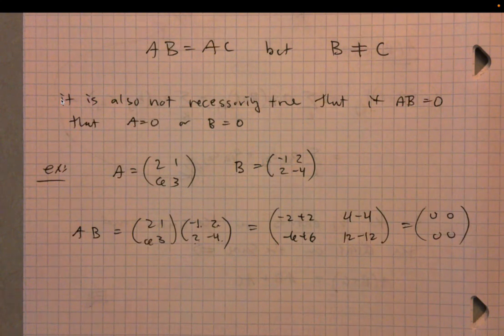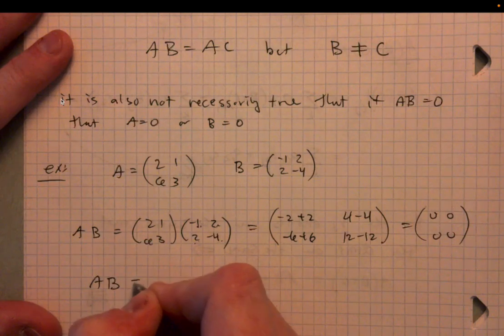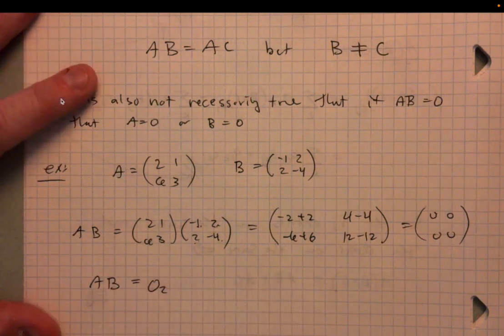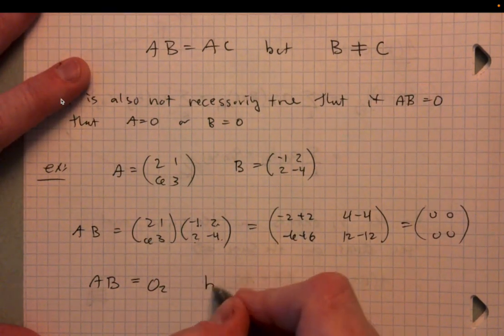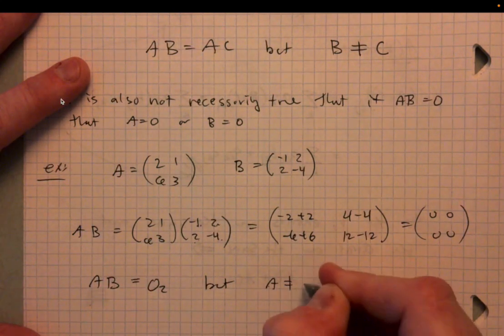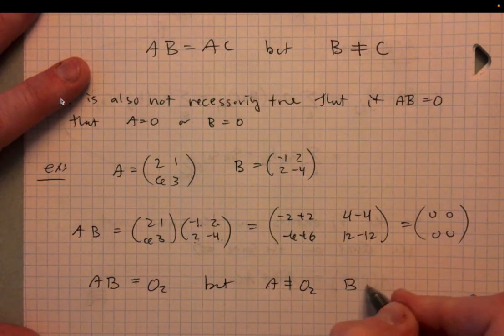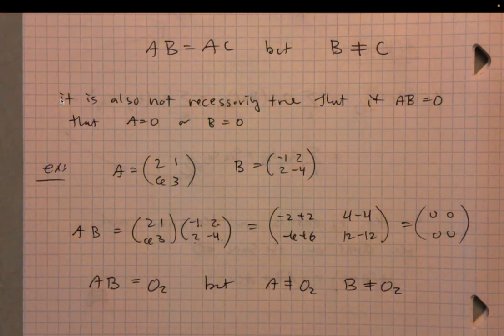Okay, and so we can see that the product AB is 0, but A is non-zero and B is also non-zero. So AB is equal to the 2 by 2 zero matrix, but A is not equal to the 2 by 2 zero matrix, and B is not equal to the 2 by 2 zero matrix either.